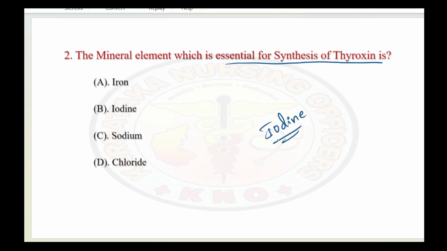If at all there is any deficiency in iodine, we are going to see some conditions. I'll just write you a few conditions. First is goiter. So what is goiter? Which is nothing but enlargement of thyroid gland.